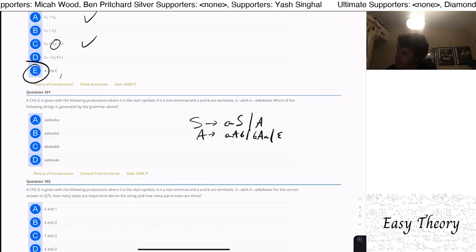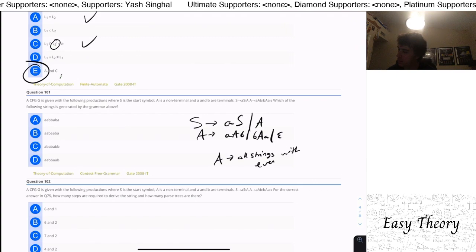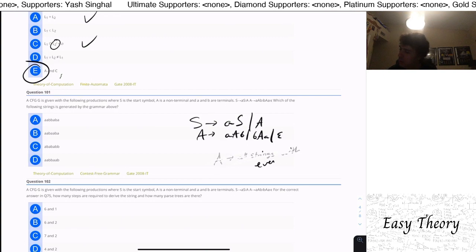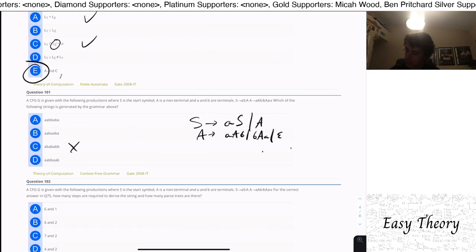So A makes all strings with even. No, that's not true. Every string that A can make has an equal number of A's and B's. So it can't make C because it has more B's than A's.